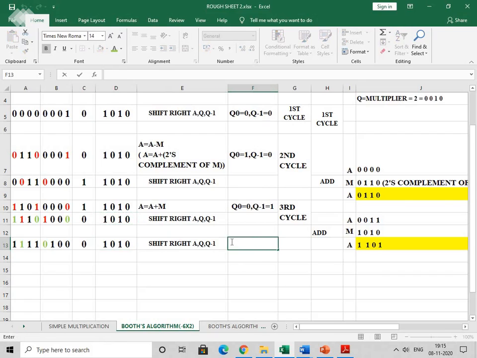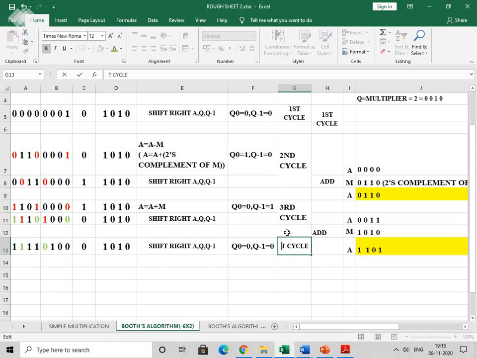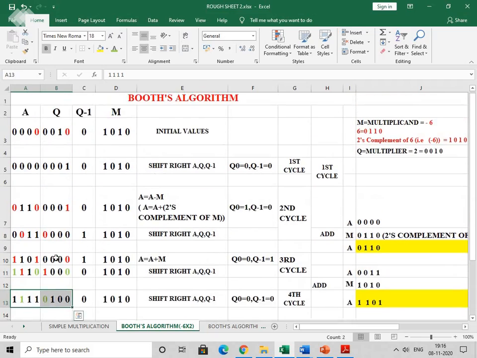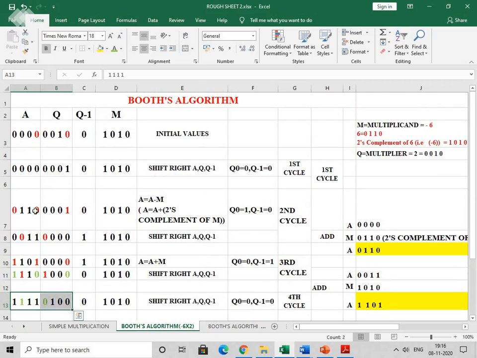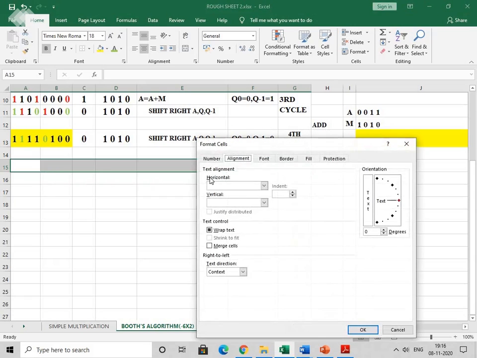Why have we done the shift right operation? Because Q0 is equal to 0 as well as Q minus 1 is equal to 0. So this is your fourth cycle. Now, if we observe it properly, the final product result is present in registers A and Q. So the product by Booth's algorithm is minus 12.